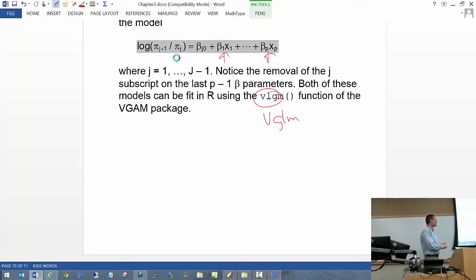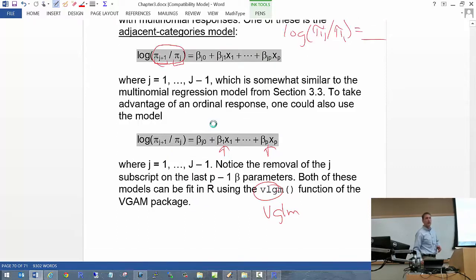I think what I'm asking is, instead of using the non-proportional odds model, with the whole problem of estimating negative probabilities, would you rather use this one instead? Well, you could use this as an alternative to a non-proportional odds model.